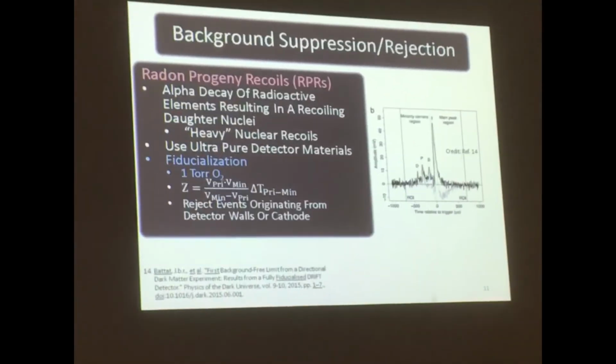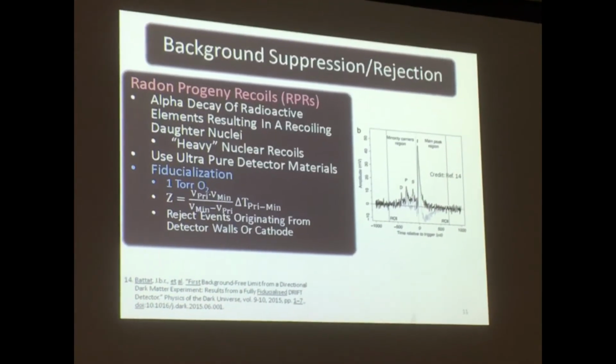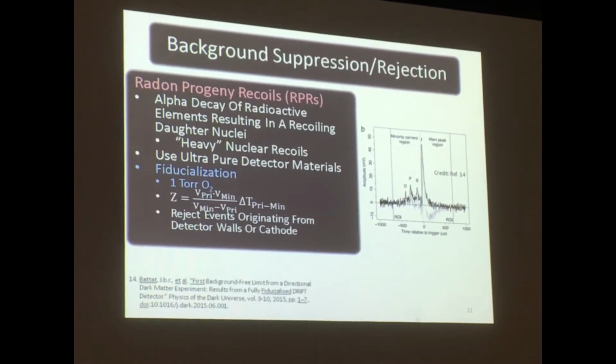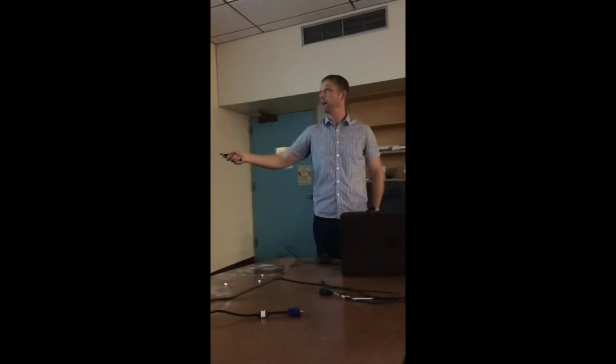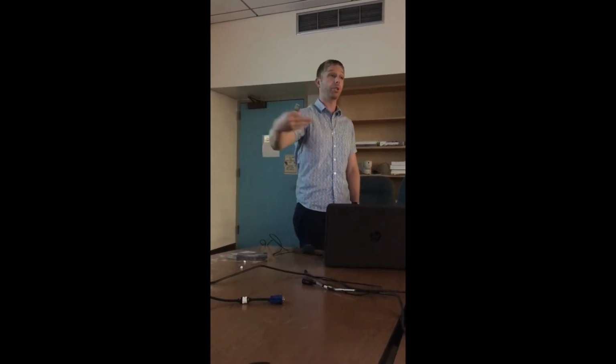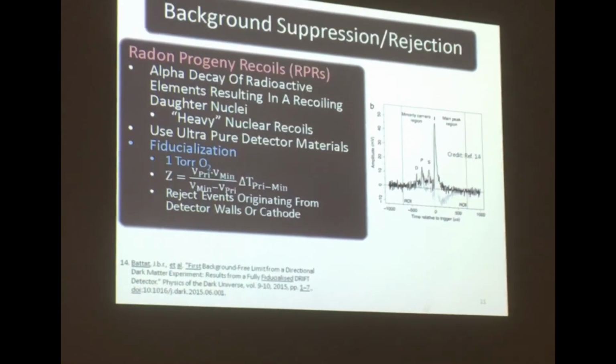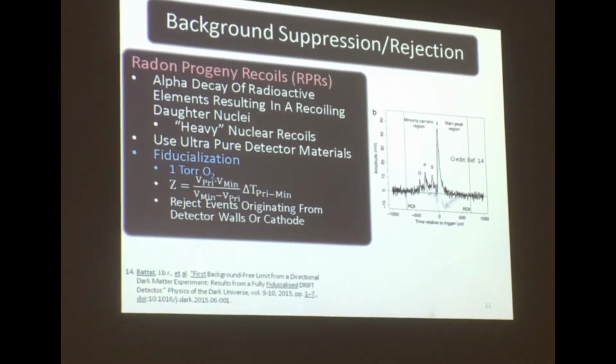You can use ultra pure detector materials, but that can only get you so far. You always have contamination. The next thing you can do is fiducialize your detector, that other term I was mentioning. For the DRIFT experiment, what they do is add 1 torr of oxygen to their gas mixture, and when they do that, their signals look like this.